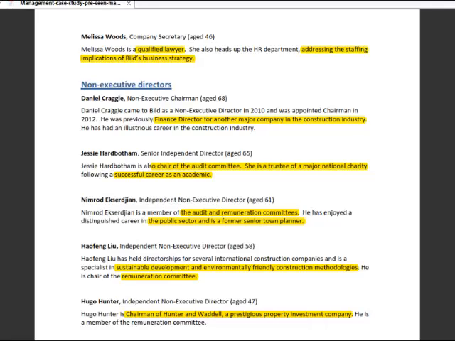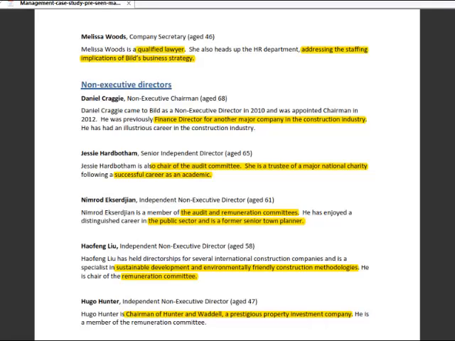Jesse Hardbottom, independent director, chair of the audit committee, a trustee of a charity, successful career as an academic. One of the things that I was taught, if you're going to have somebody on the audit committee responsible for the financial statements and links with the auditors, you need somebody with finance experience, and that doesn't appear to be the case with this person.